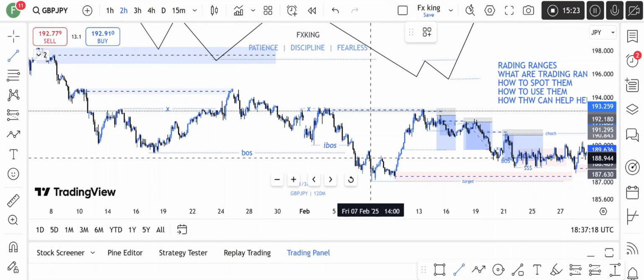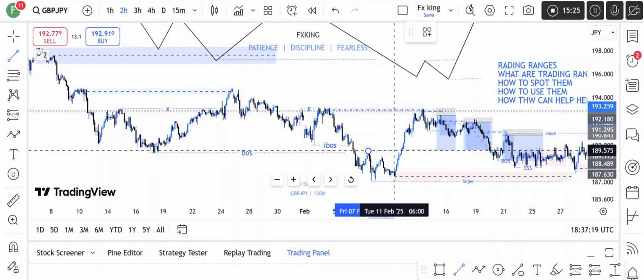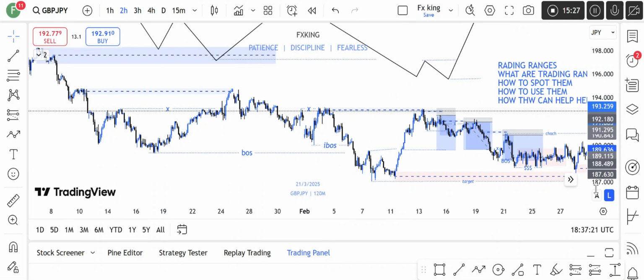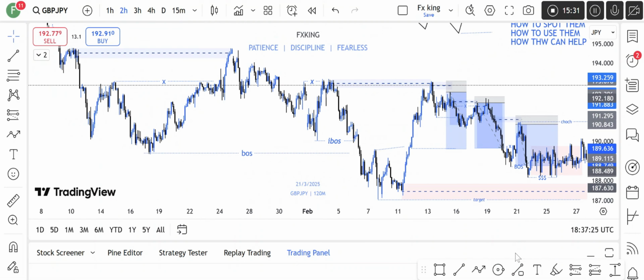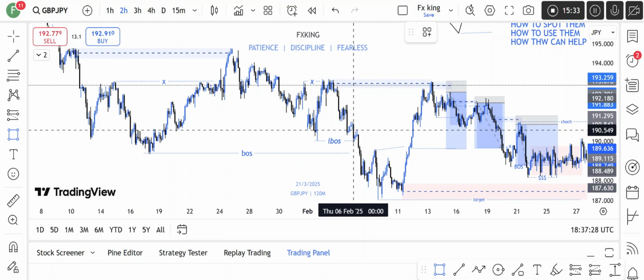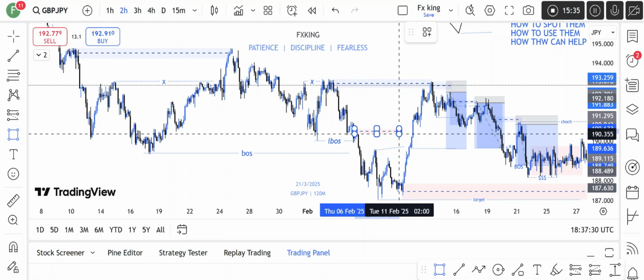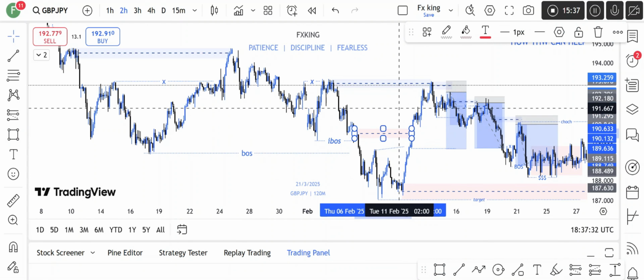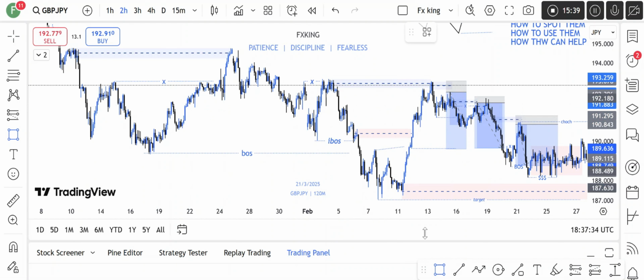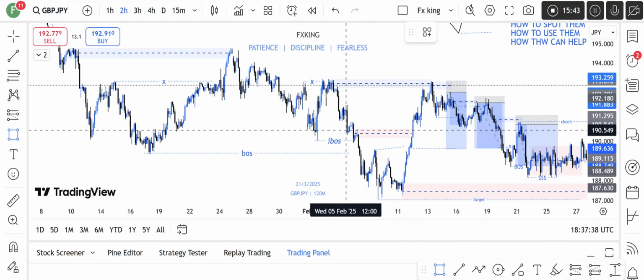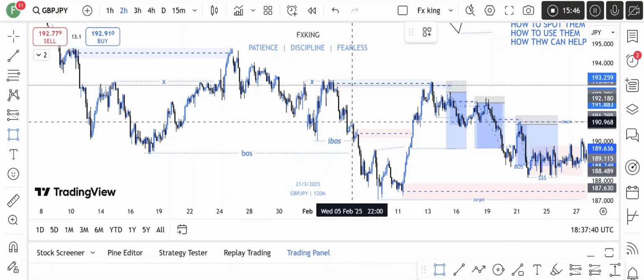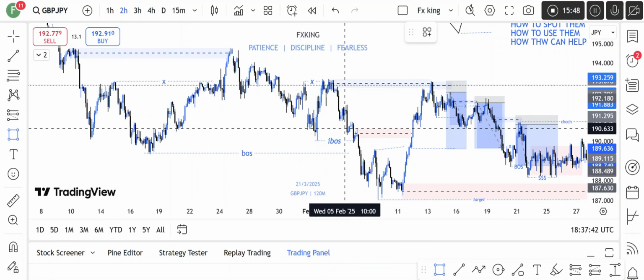After our inducement here, which is this zone, you can see that we literally just have very few other blocks. This one happens to be invalid. I know people know what I mean by invalid. This one as well, it's invalid. It does not obey the principles of a valid pullback here.